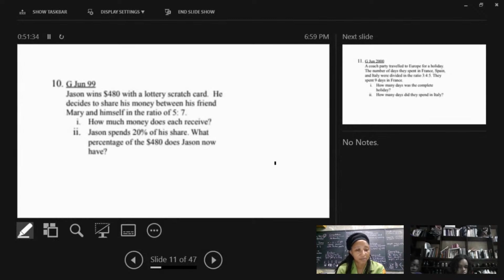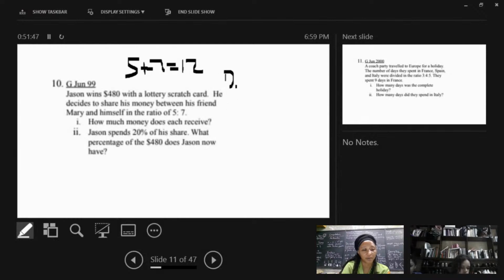Miss, when you add the ratios, you get 12. So it will be 5 over 12 times the 480. That's for Mary. Mary is 5, Jason is 7.